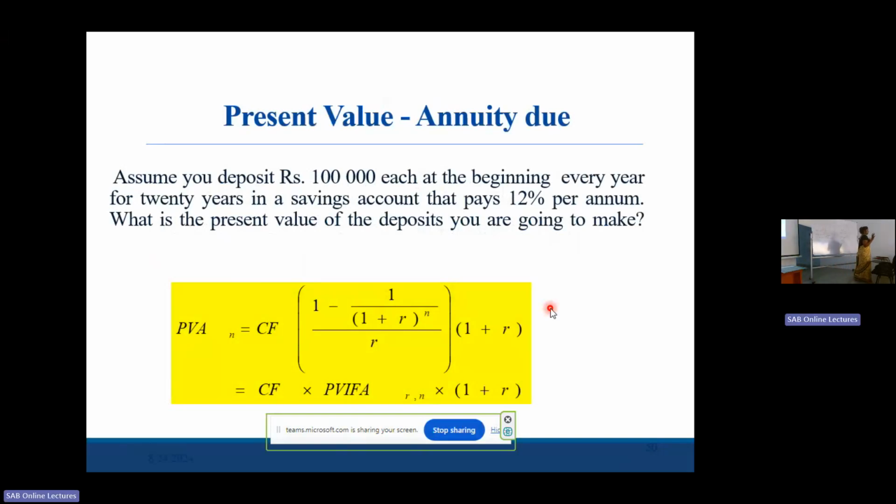In short, what you have to remember in mind, in case of the annuity due: take the ordinary annuity factor and multiply it by 1+r, either for the present value or the future value.